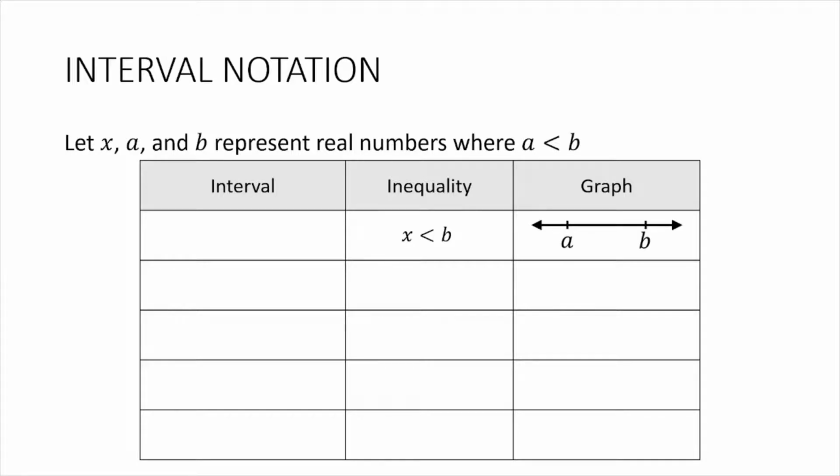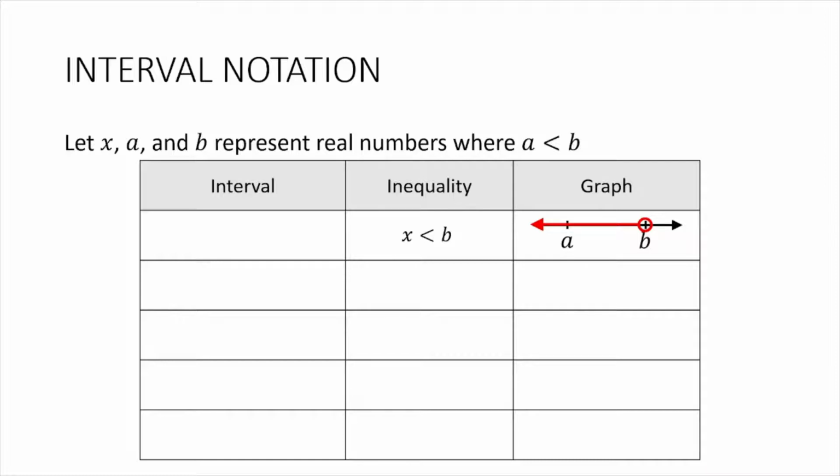Here our endpoint is b, so we start at x equals b. However, we do not include b, right? So we draw an open circle. And since x can be any real number less than b, we include those real numbers to the left of b, going in the negative direction, or going to negative infinity.